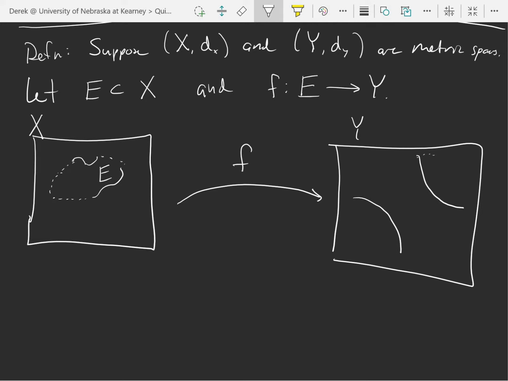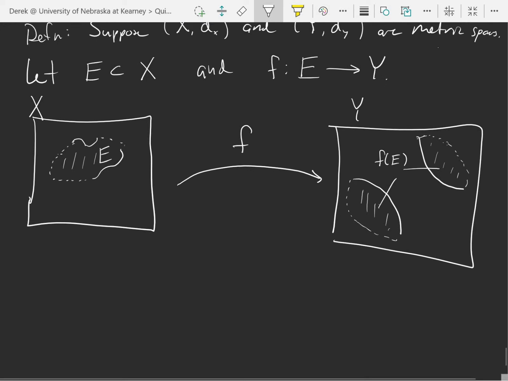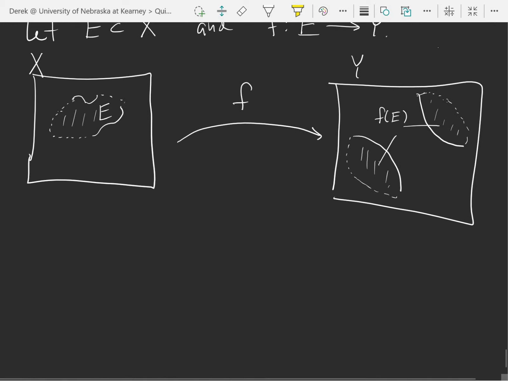So let's make these into blobs, and we'll call these together f of E. I've got stuff in here and in here, and f takes all of the things from E and sends them into one of these two blobs. That's just going to be our example function.